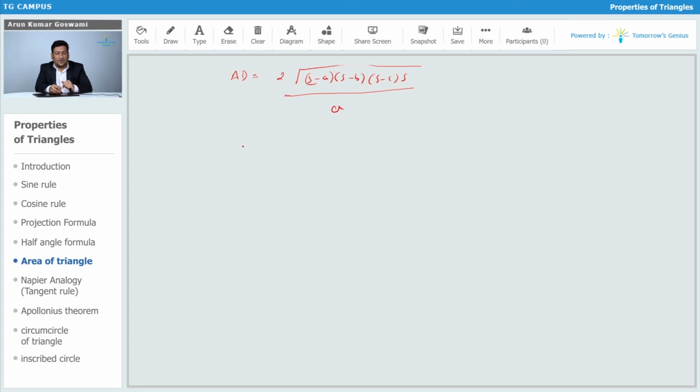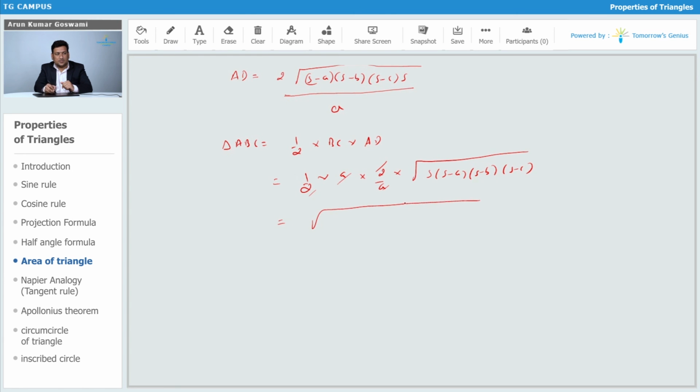So we have to find the area of triangle ABC. That will be nothing but half into base into height. Base is BC, height is AD. So when we substitute these values, A into 2 by A into under root of S(S minus A)(S minus B)(S minus C). So A gone, 2 gone.